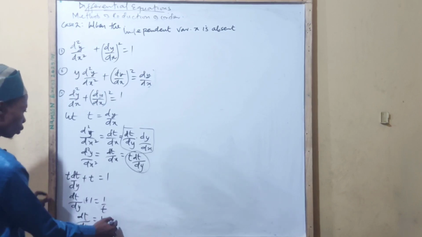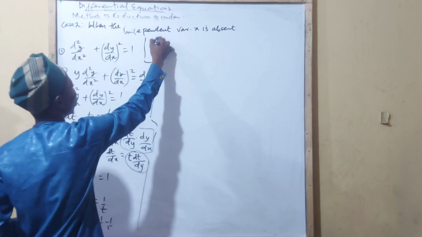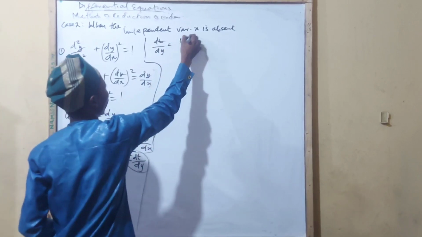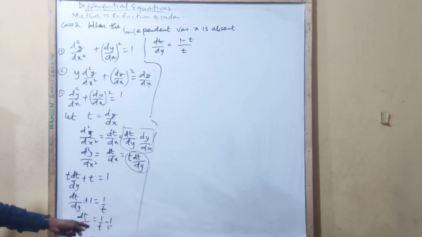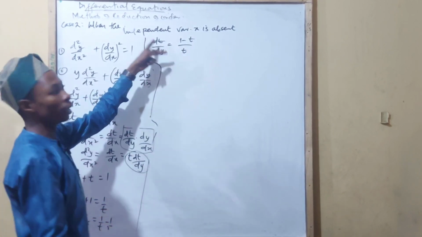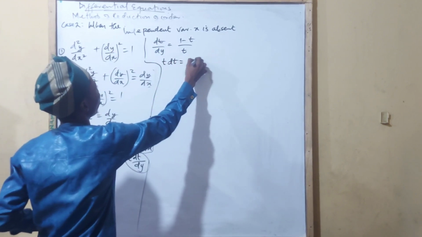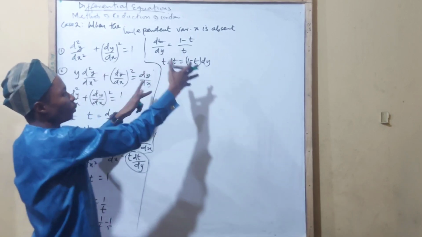And what is 1 over t minus 1? 1 over t minus 1 will be 1 minus t over t, right? Yes. So from here, we can use variable separable, cross multiply. t dt equals to 1 minus t dy, right? t will go to t side, y will go to y side.